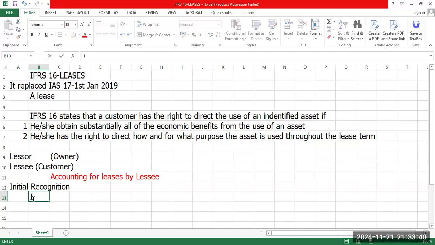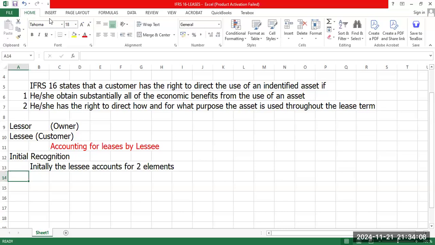Initially, the lessee accounts for two elements. Who can recall these elements? Initially, the lessee accounts for two elements or two items.